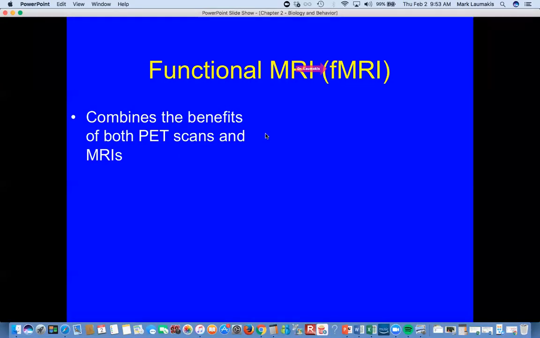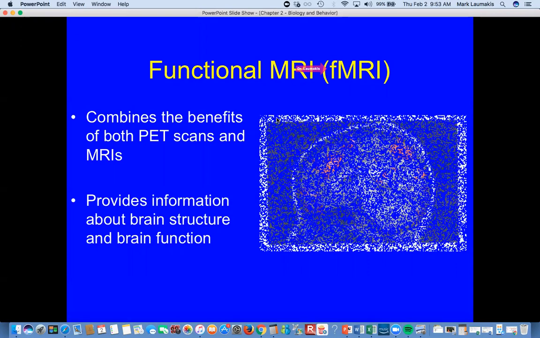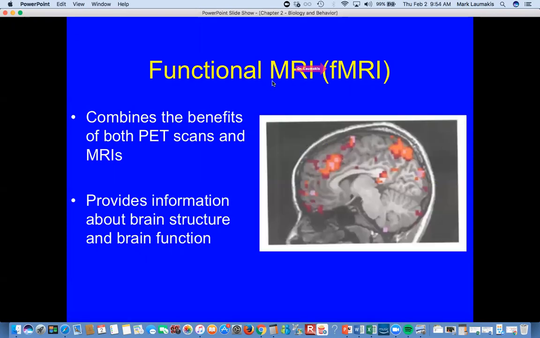But this is the technique that combines the benefits of both the PET scan and the MRI. It gives us both structural and functional information, right? Information about both brain structure and brain function. So you don't have to choose what you want to get when you do an fMRI. We're going to get both.